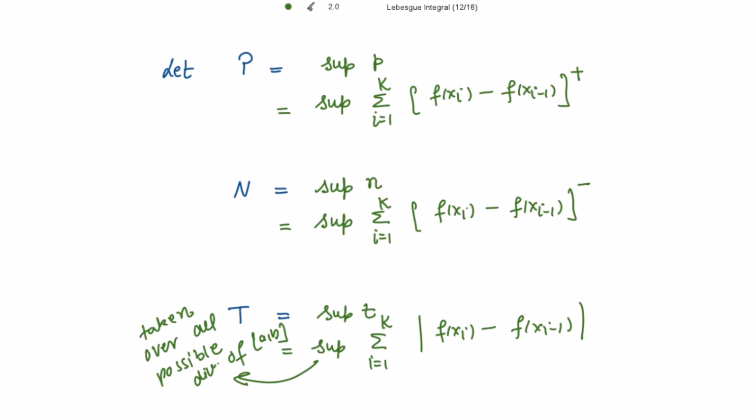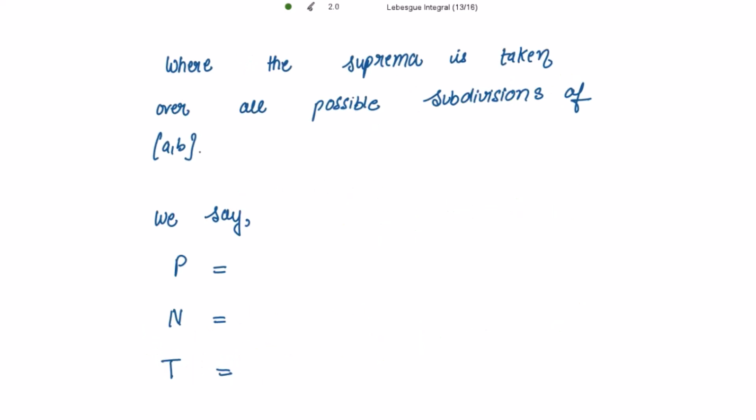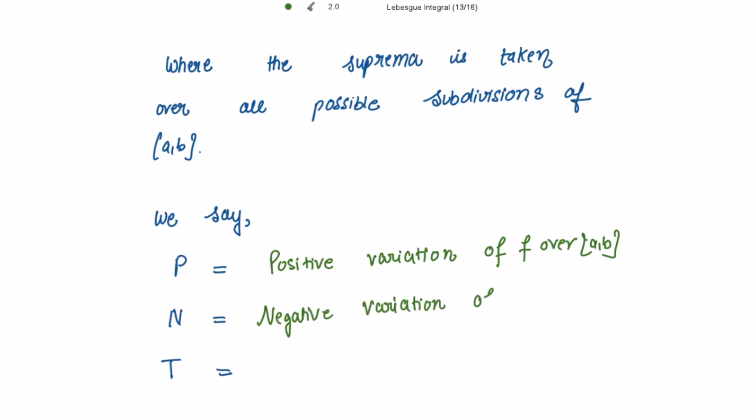right? Please remember this. So we say this capital P is the positive variation of f over closed interval [a, b], and capital N is the negative variation of f over closed interval [a, b], and capital T is the total variation of f over closed interval [a, b].